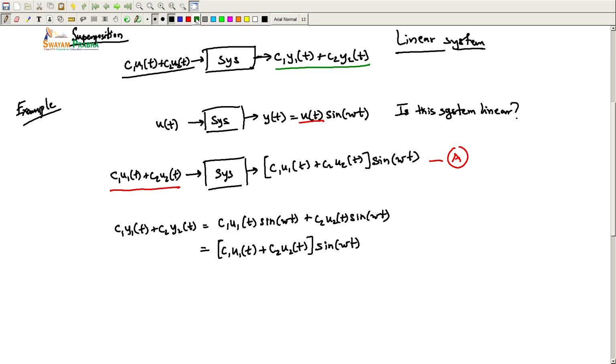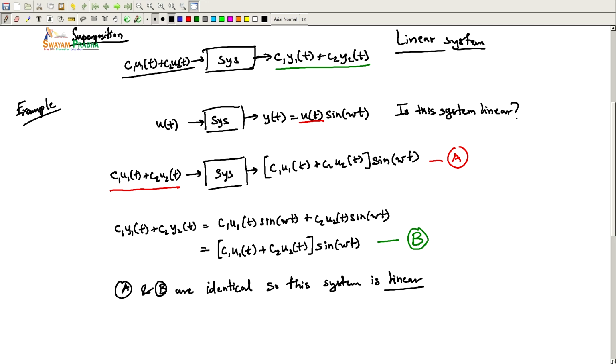Let us denote this as B. What we see is A and B are identical. So, this system is linear.